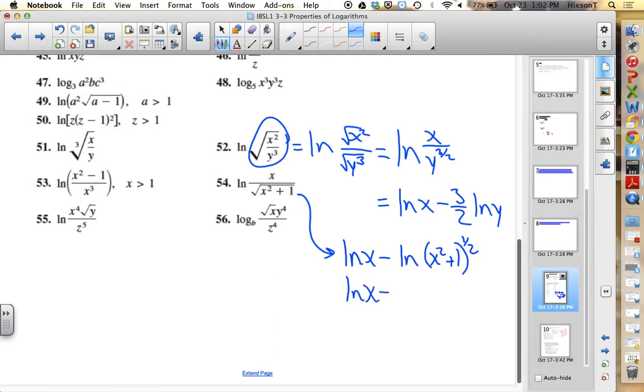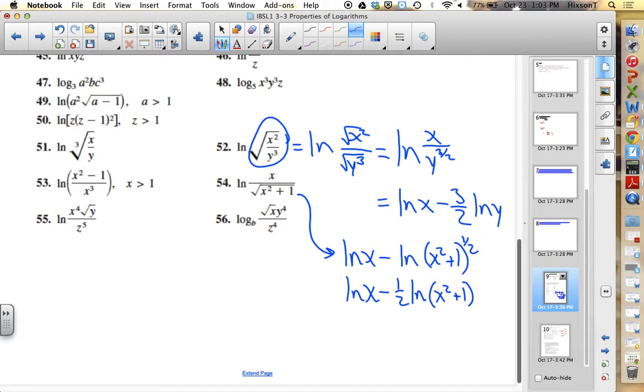You need to pull it out. And there you could stop, because this is a binomial, so you can't simplify that anymore.